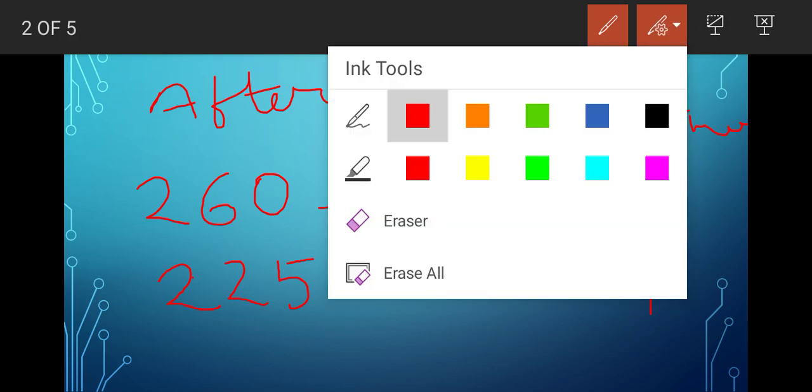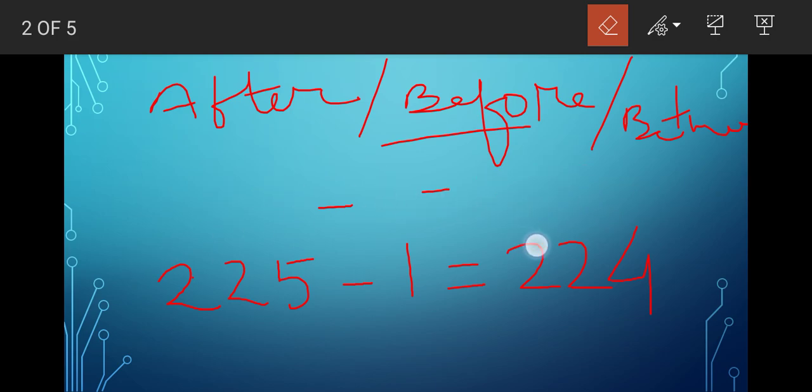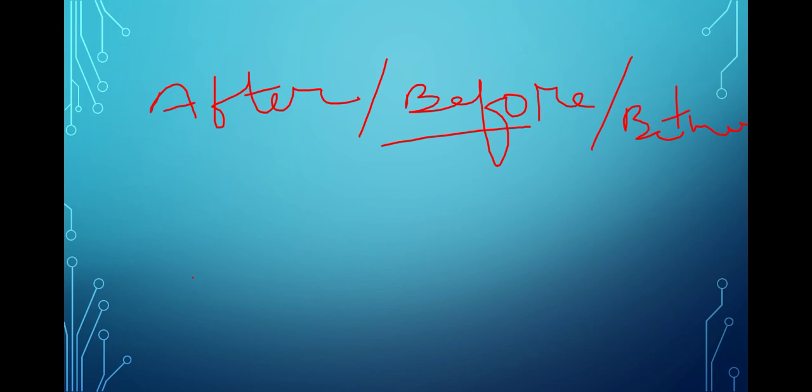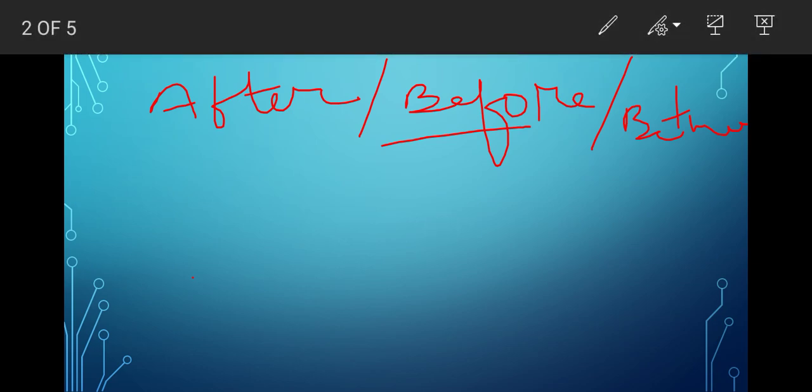Now what you are going to do is what comes between. After and before we have discussed. Now we are going to know about what comes between. What comes between is very easy. If you know what comes after and before, it is very easy to find out what comes between. Suppose I am writing a number here, 229.